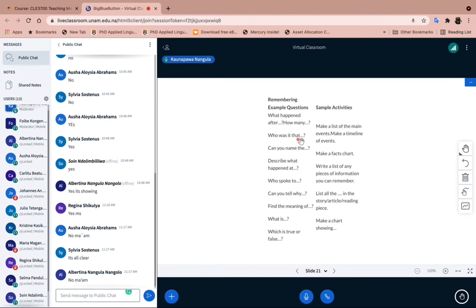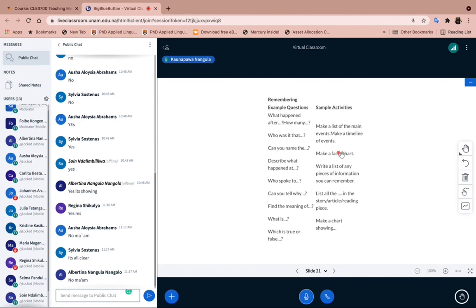So they need to remember from the reading text or the listening text that I have just covered. Can you describe what happened at, who spoke to, can you tell why, find the meaning of what is, which is true or false. All right, so these are the type of questions that you can ask within this level.